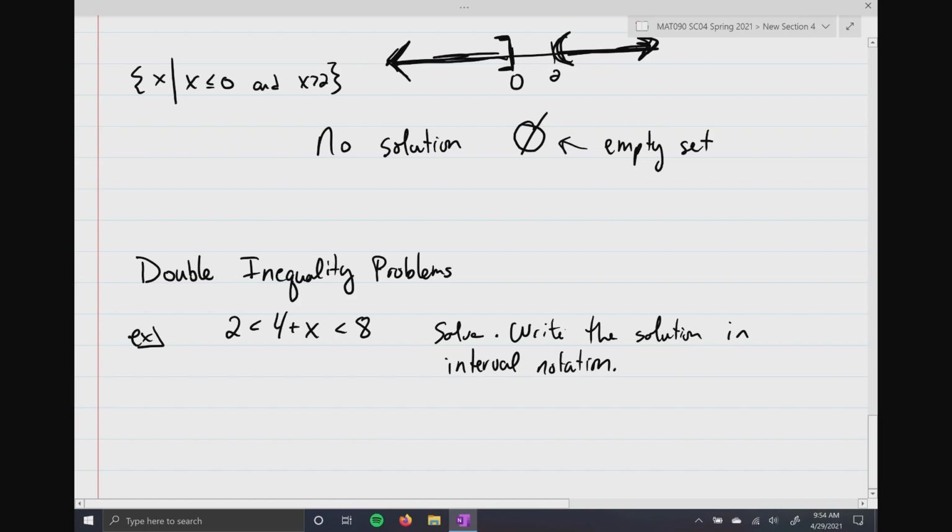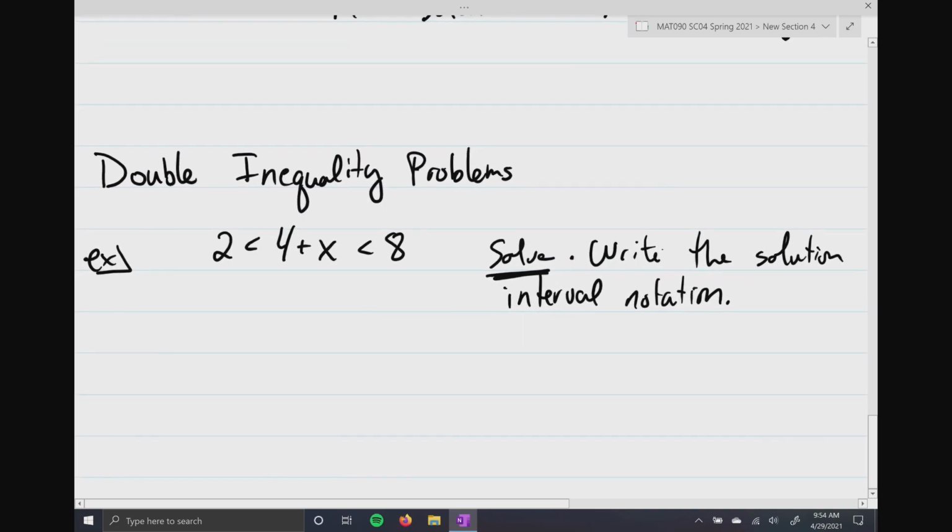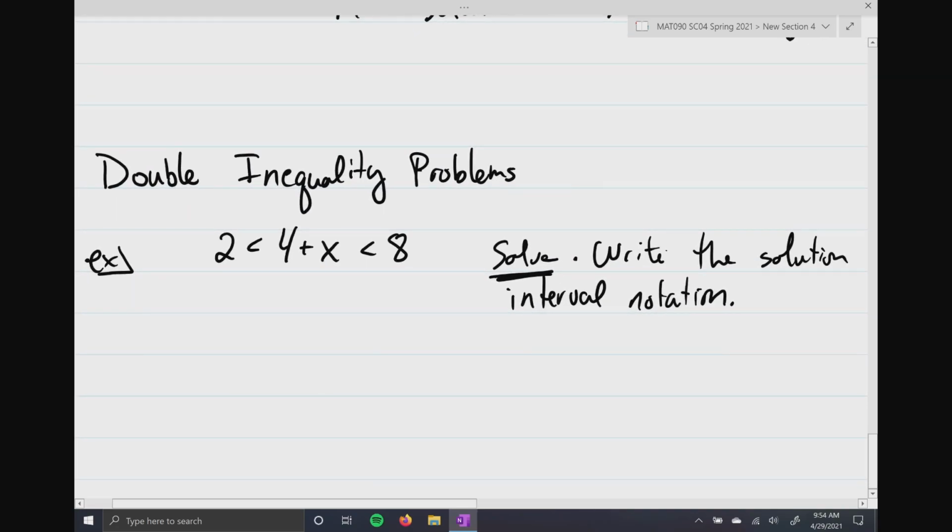Now, we're just going to adapt that phrase to our problem. Whatever we do to the middle of the double inequality, we're also going to do to the left and to the right. In other words, we want to solve, which means we want this x in the middle to be isolated. In order for me to do that, I need to subtract 4.